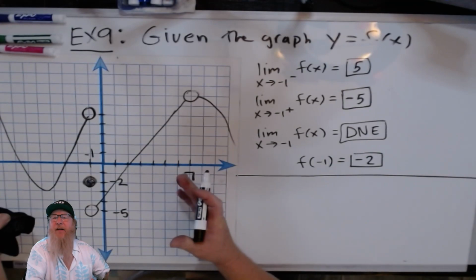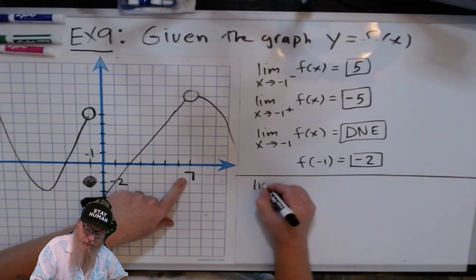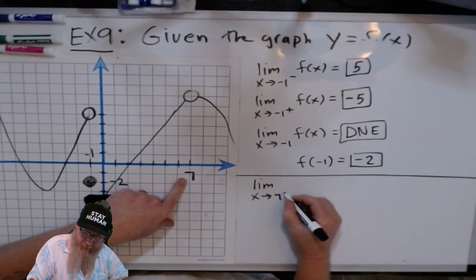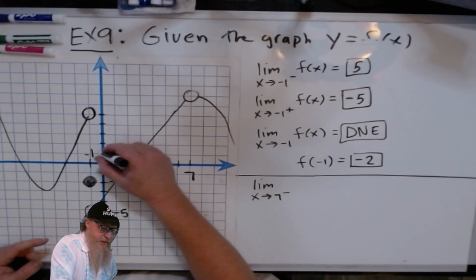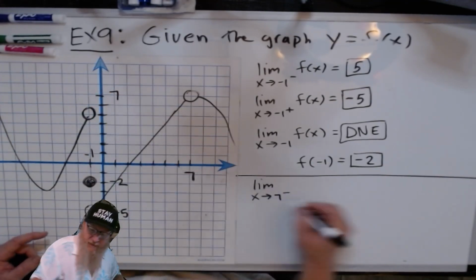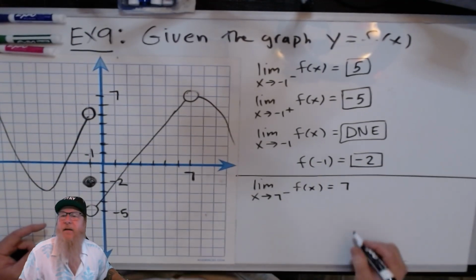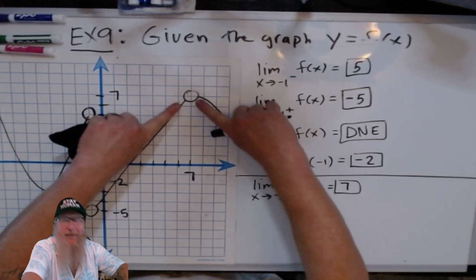Since this graph has two critical values, we have 7. So the limit as x approaches 7 from the left. I usually start with the left. That's 1, 2, 3, 4, 5, 6, 7. Oh, it's 7, 7. And you could probably fill out the rest of them now, right? Look. They agree with each other.